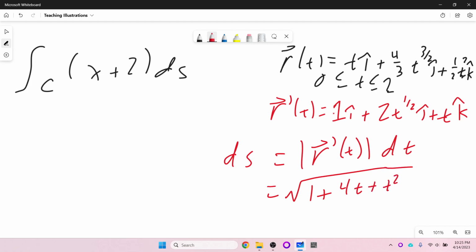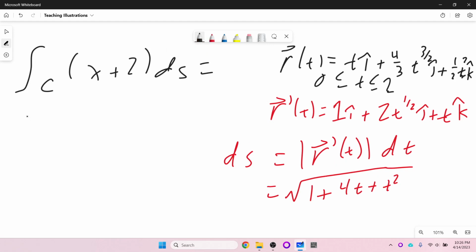So be careful about this. We go to here, we take each component and we square it. 1 squared is 1. 2t to the 1/2 would be 4t when you square it. And t squared is t squared. So we plug in here.